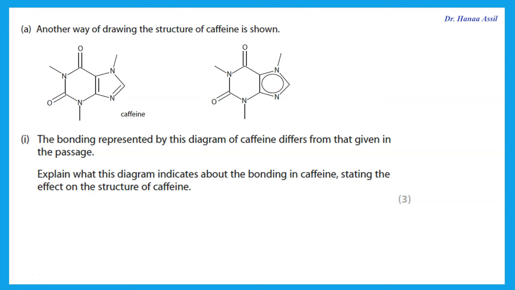The bonding represented by this diagram of caffeine differs from that given in the passage. Explain what this diagram indicates about the bonding in caffeine, stating the effect on the structure of caffeine. So instead of drawing caffeine with individual double bonds, we can draw them with the double bonds delocalized around the 5-carbon section of that molecule.